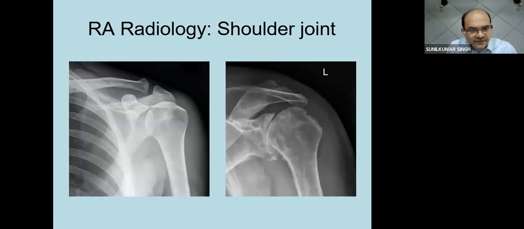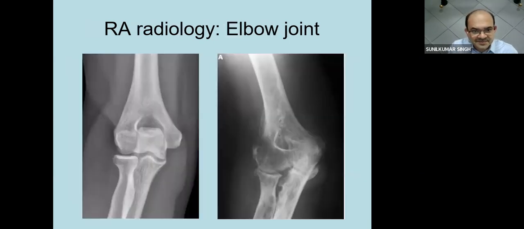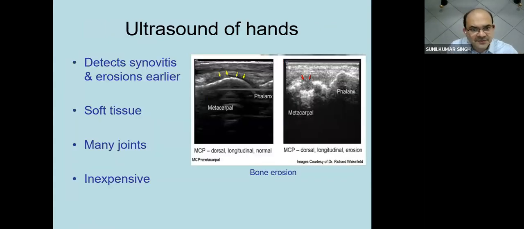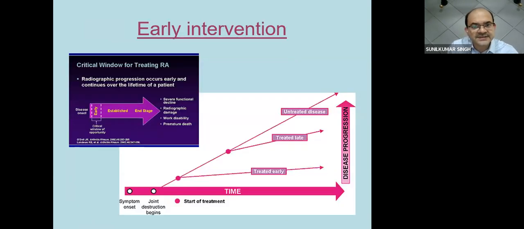These are the X-rays on which you can appreciate the amount of joint destruction that happens and how the joint space completely narrows down and the joint gets destroyed. And this can be picked up early on an MRI or an ultrasound also, which you will be shown in the next session on rheumatoid arthritis.